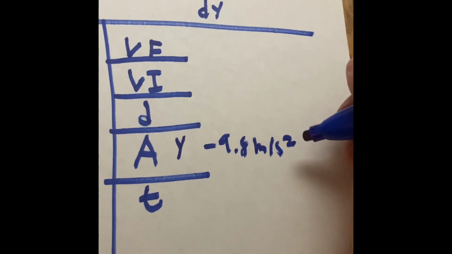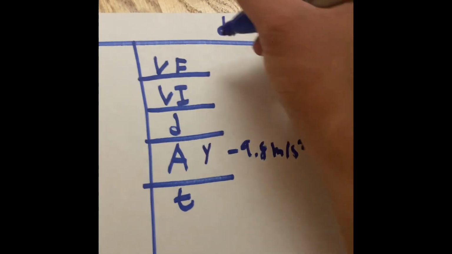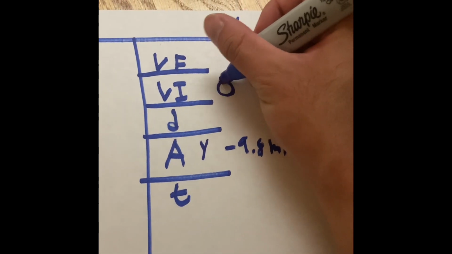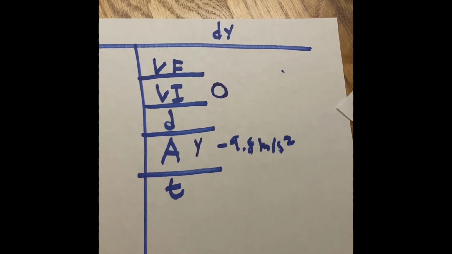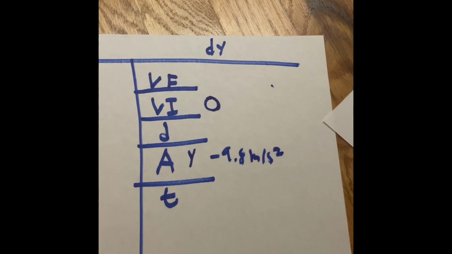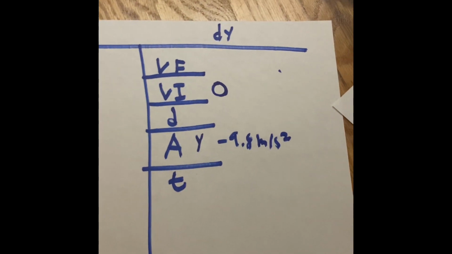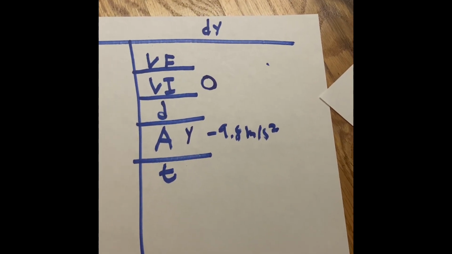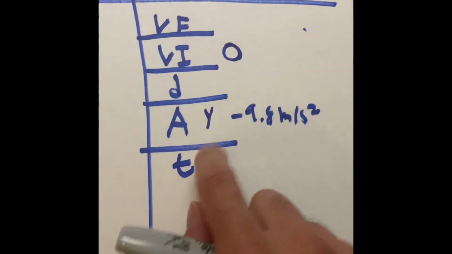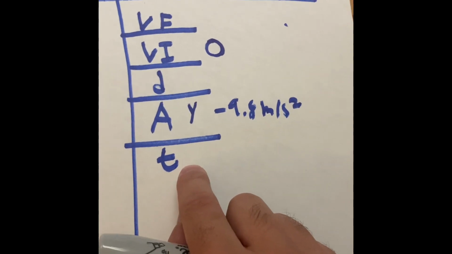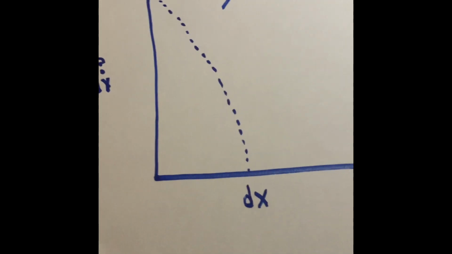We also know that if you're free falling, you're literally dropping something, not throwing it, so your initial velocity is going to be 0. But there is still a problem. We only have two pieces of information, your initial velocity and your acceleration. We need at least one more piece of data that will help us understand what to do next, and that piece of data we are trying to target is t. How long did the marble take to go from the top of the table into the cup?